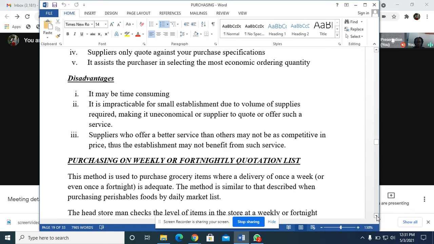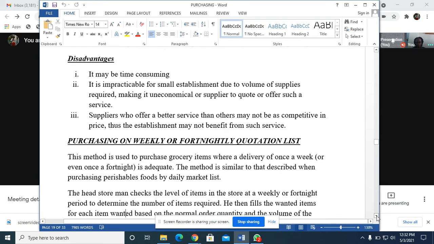So that means that the most economic order quantity is the one that is going to be ordered. And the economic order quantity means that the cost of ordering, delivering, and also the storage cost must be equal. None of them should be higher than the other.